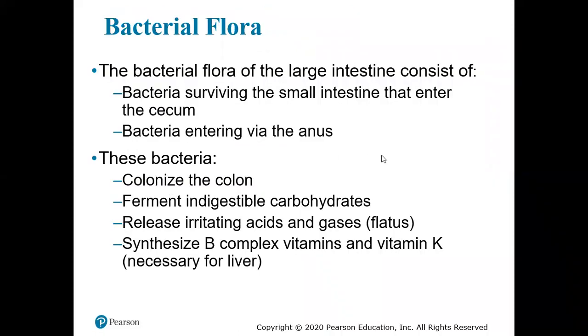As I mentioned, there are bacterial flora that live in the large intestine. These are bacteria that survive the small intestine, or they can enter the anus, or we seem to accumulate them kind of through especially our younger years. As I mentioned, they get stored in the appendix.